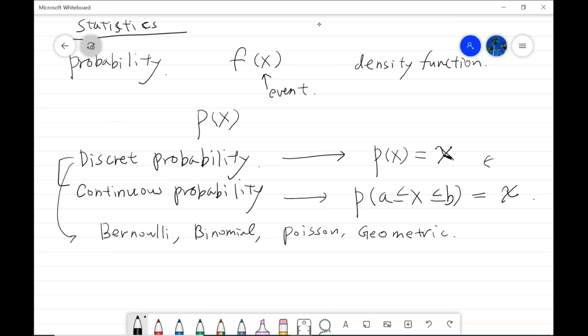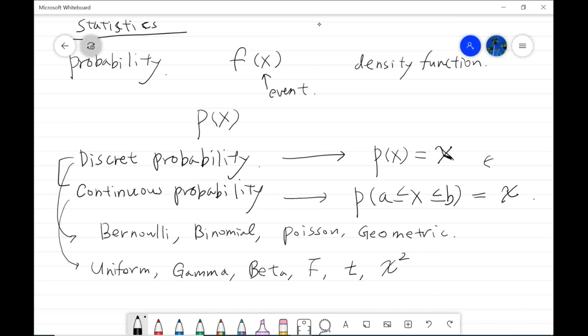And what about continuous probability? That is uniform, and gamma, and beta, F distribution, and student t distribution, and chi-square. Those are the continuous probability distributions.